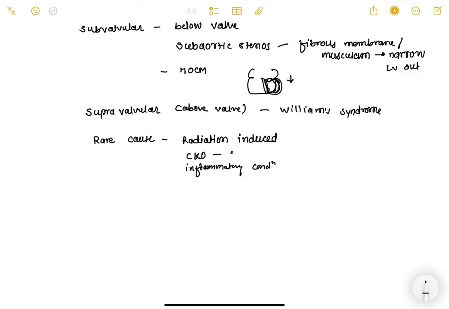Here there is accelerated calcification. So these are the rare causes.